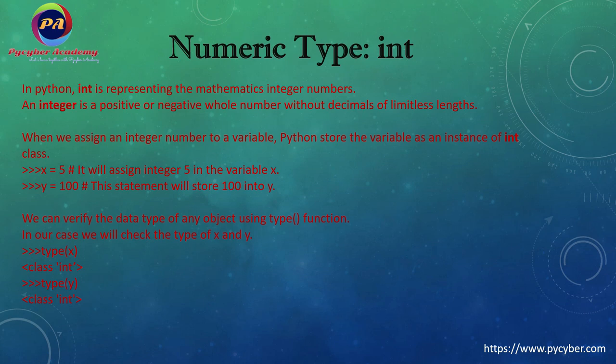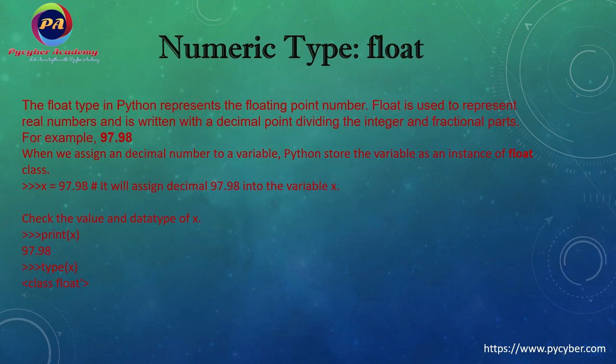Moving on to the next numeric type, float. That means floating numbers, or mathematically, decimal numbers. The float type in Python represents floating point numbers. Float is used to represent real numbers and is written with a decimal point dividing the integer and fractional parts. For example, 97.98: the integer part is 97 and the fractional part is 98.